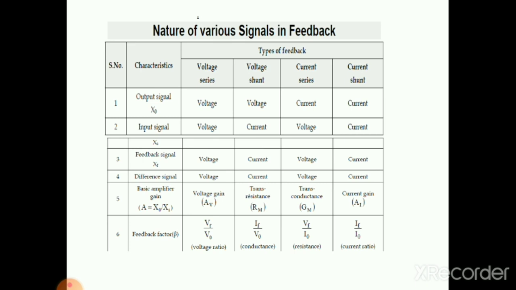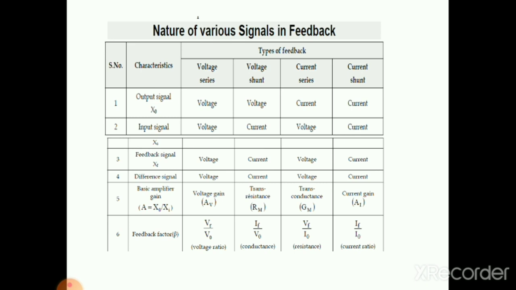Then the difference signal. What is the difference signal? It is the same as the input signal, because whatever input we supply, the mixer will take it. So Vin is equal to Vs minus Vf, or Iin is equal to Is minus If.